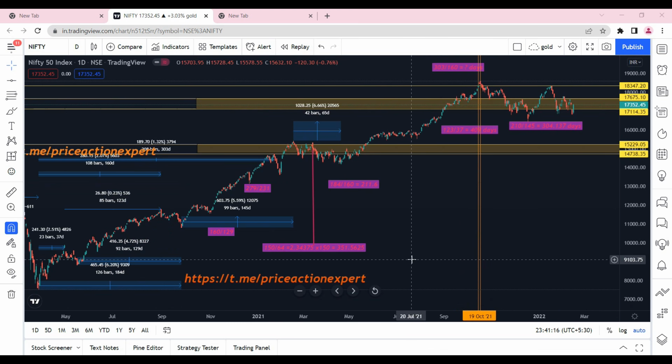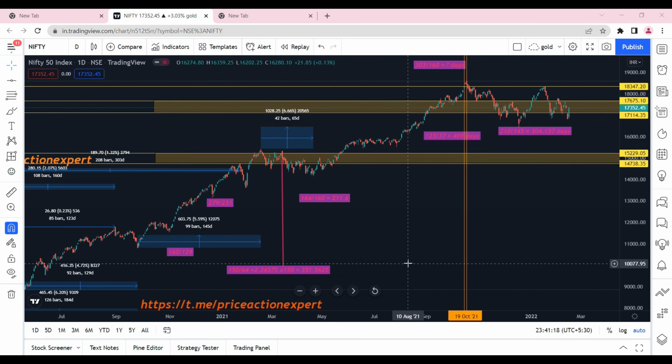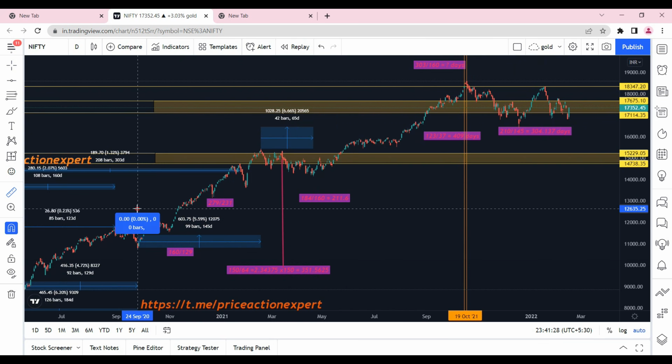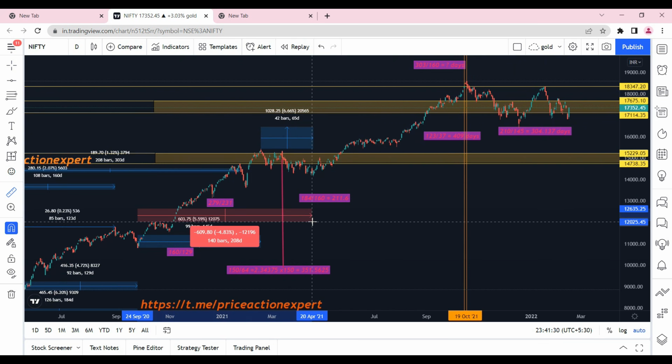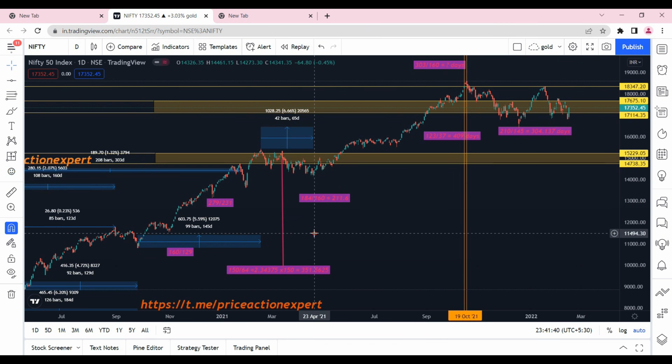So many repetitions, and you can see here from this low to this high is 145 days. From this low to this low is 210 days.